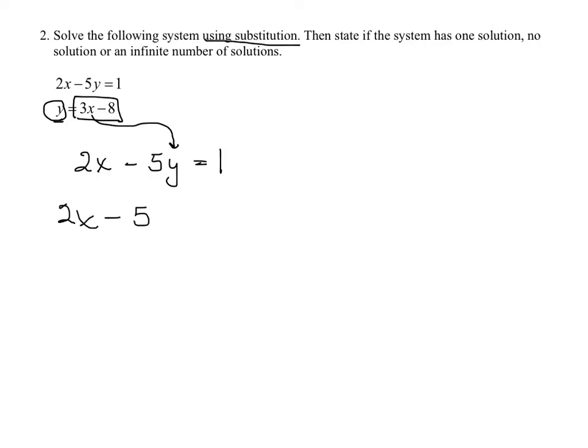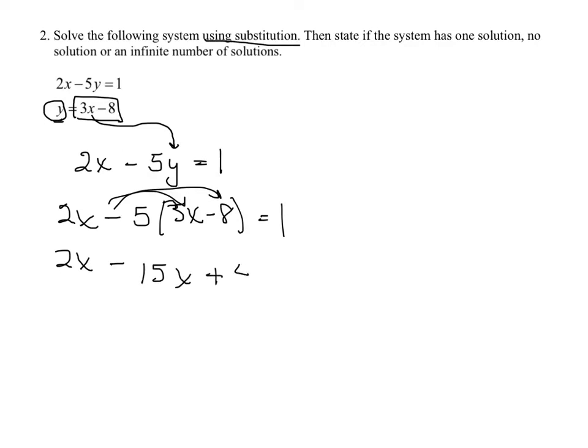2x minus 5y, so 2x minus 5 times (3x take away 8) equals 1. Distribute through that -5. Be careful of your signs. So -5 times 3x is -15x, and -5 times -8 is a positive 40.